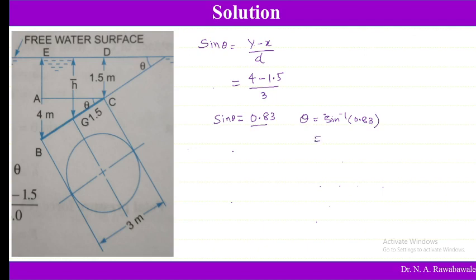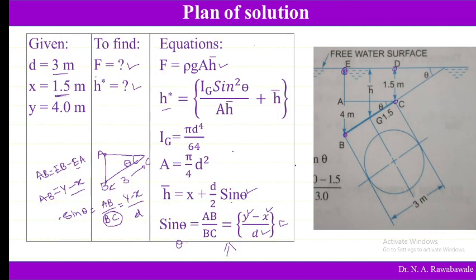So we get theta as 56.44 degrees. Now we know the sine theta value, and theta also.